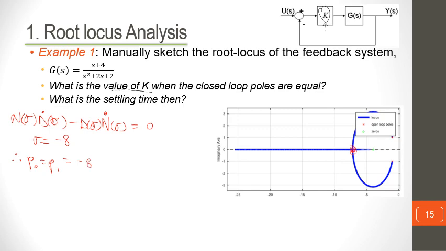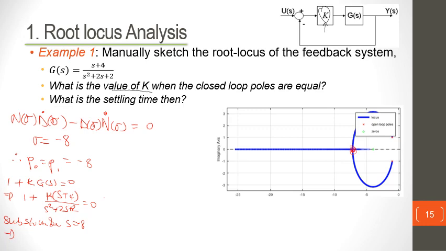So if we take the equation of the root locus itself, which is 1 plus K G of S equal to 0, which implies that 1 plus K times S plus 4 over S squared plus 2S plus 2 is equal to 0, and we substitute S equal to minus 8.